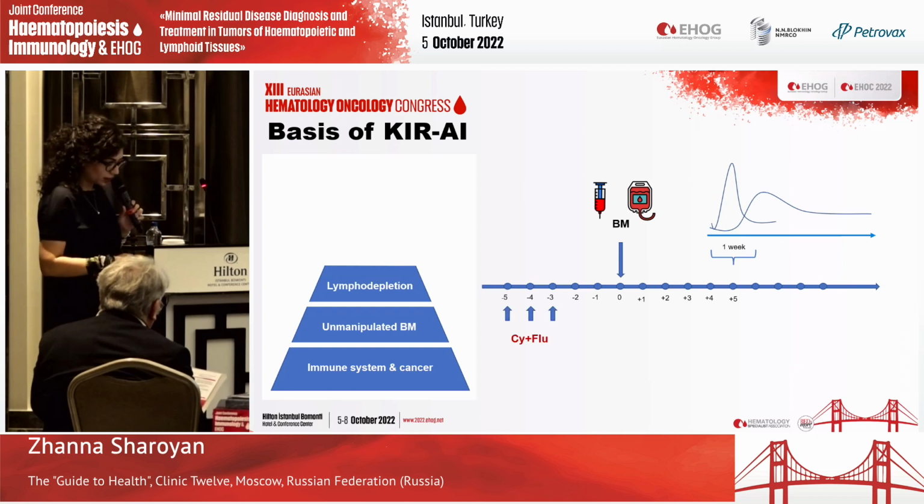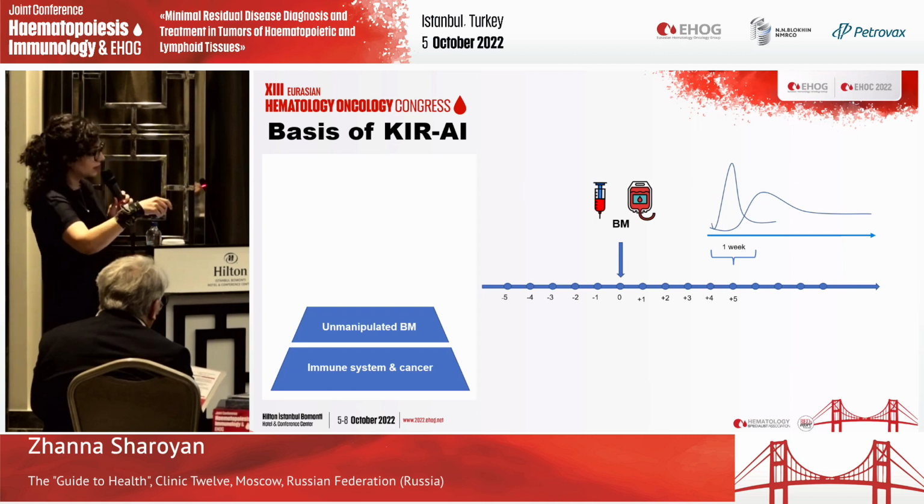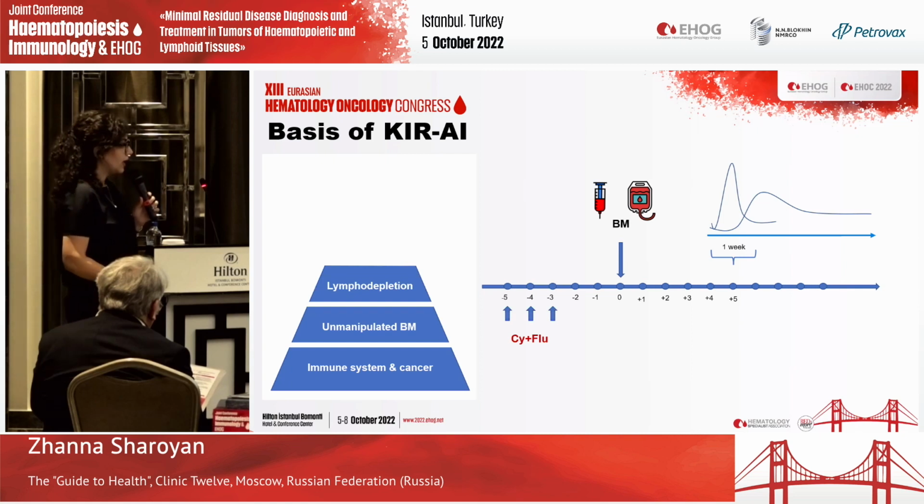To obtain long-term results, it's essential to develop the second effect of superposition of two curves. And for longer function of transfused cells, lymphodepletion is necessary. Important to note that the second effect is stochastic.